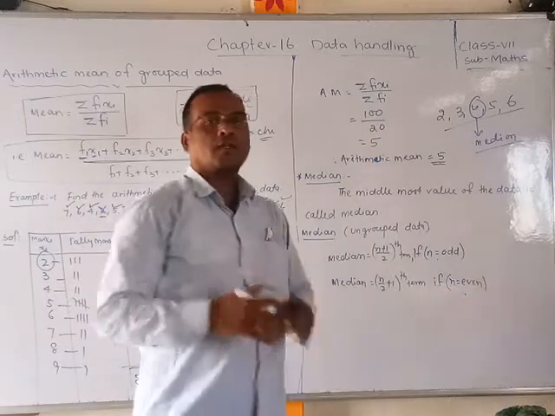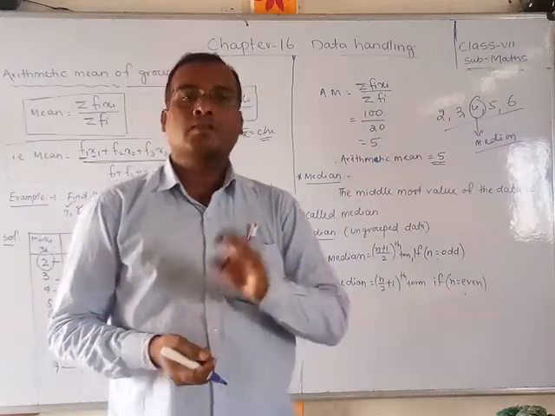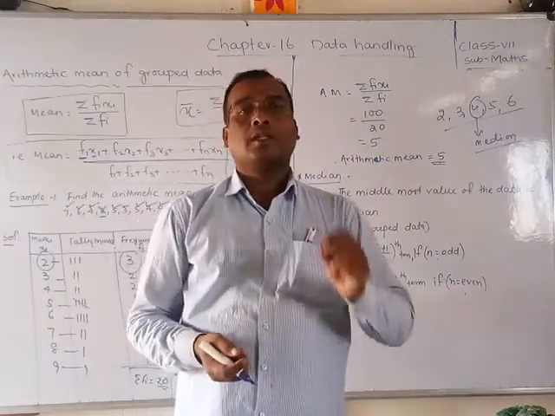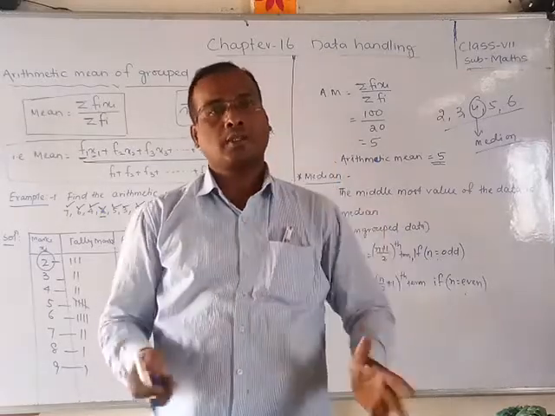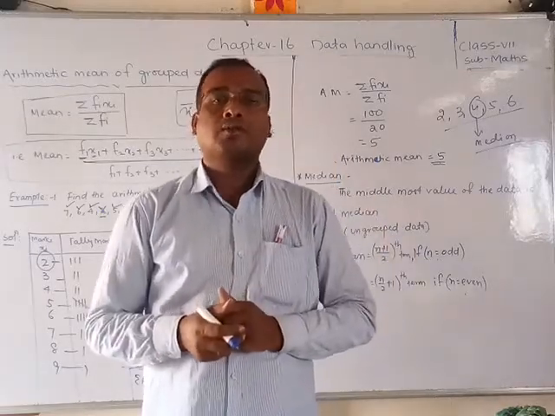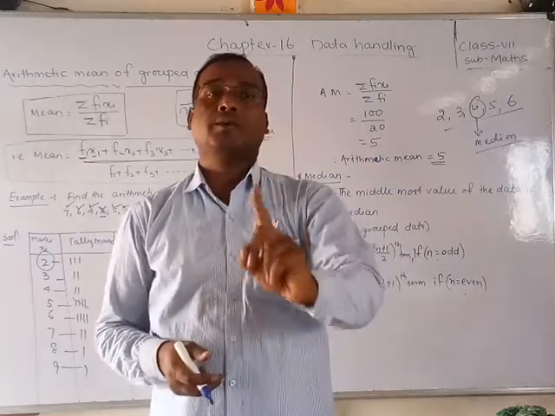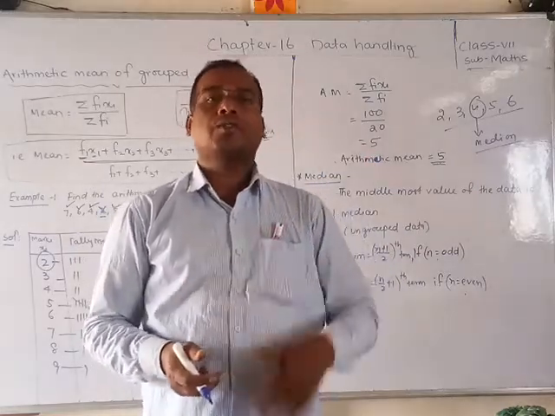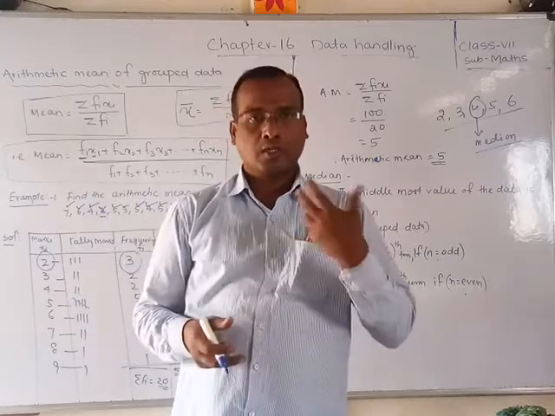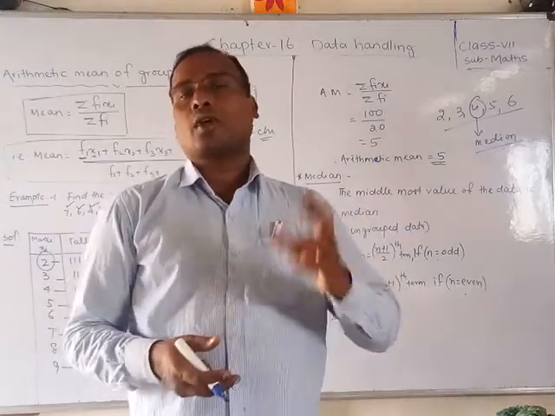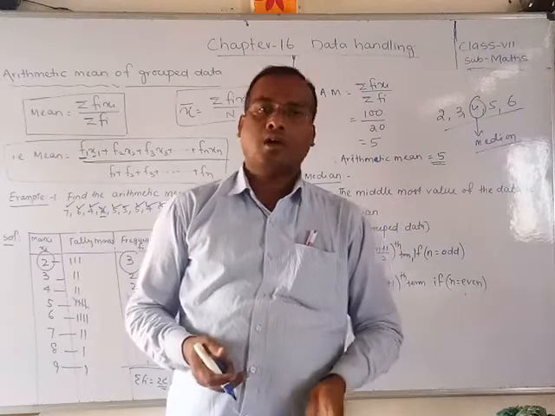Okay, so first of all, how to find the median? The middlemost value is the median. But what do we have to do? First of all, we have to write the data in ascending order or descending order. That is very important. Students, whenever data is given to you, to make it meaningful we have to arrange it in ascending or descending order.